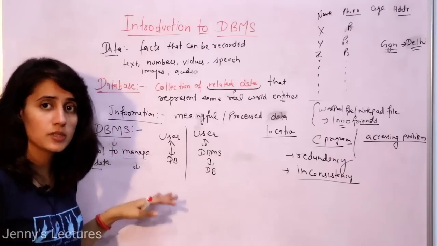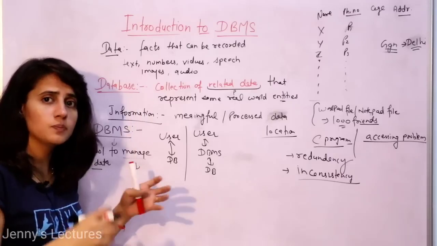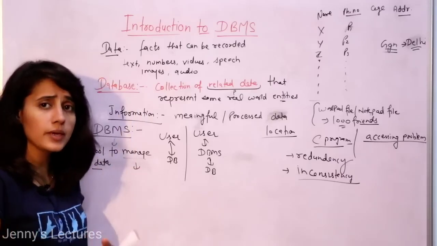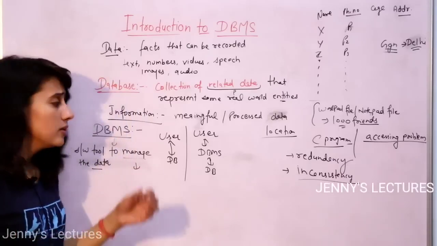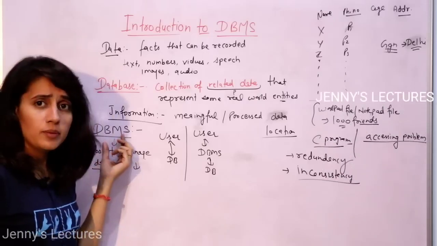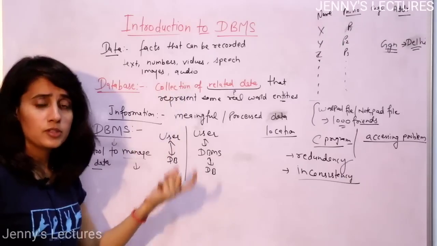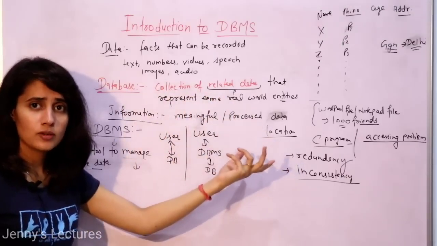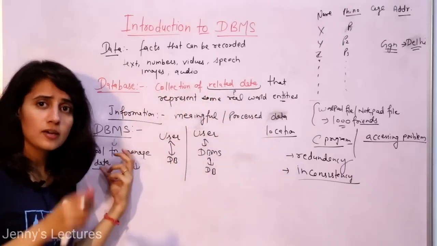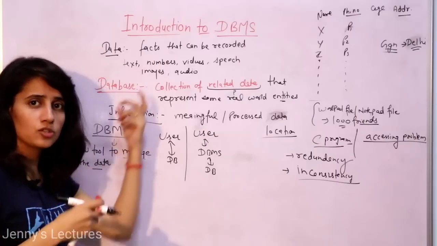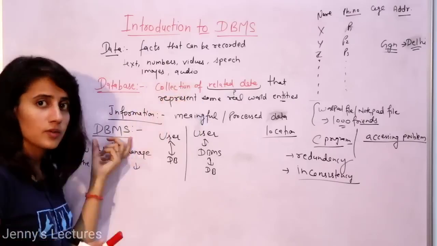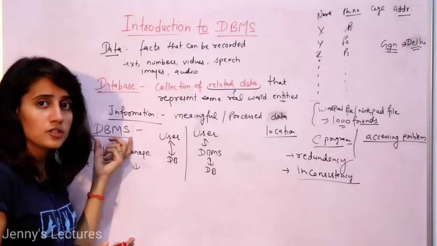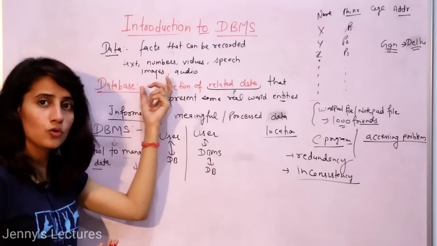So that is DBMS. It is a set of programs, or you can say a software tool. It is not the case that one type of DBMS can access all types of data, because traditional data is there, and multimedia data is also there. So the DBMS also varies depending on the data you want to access.